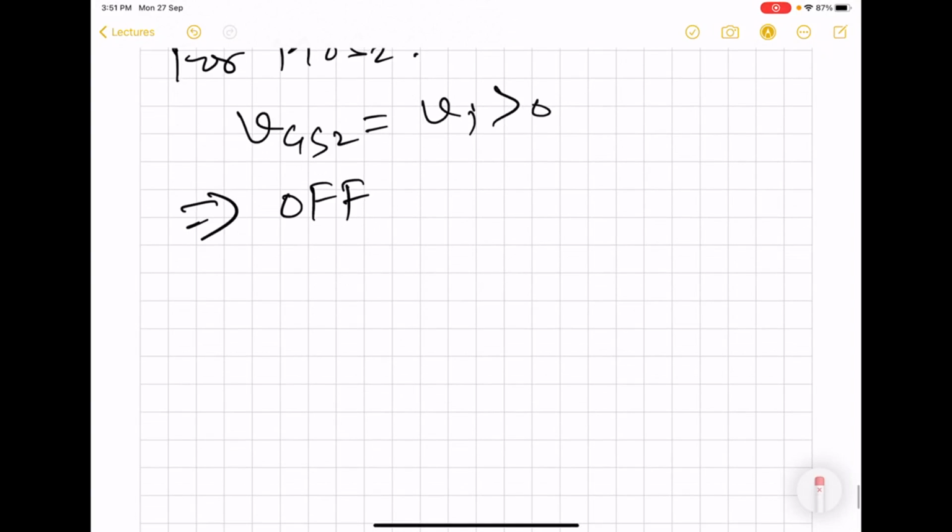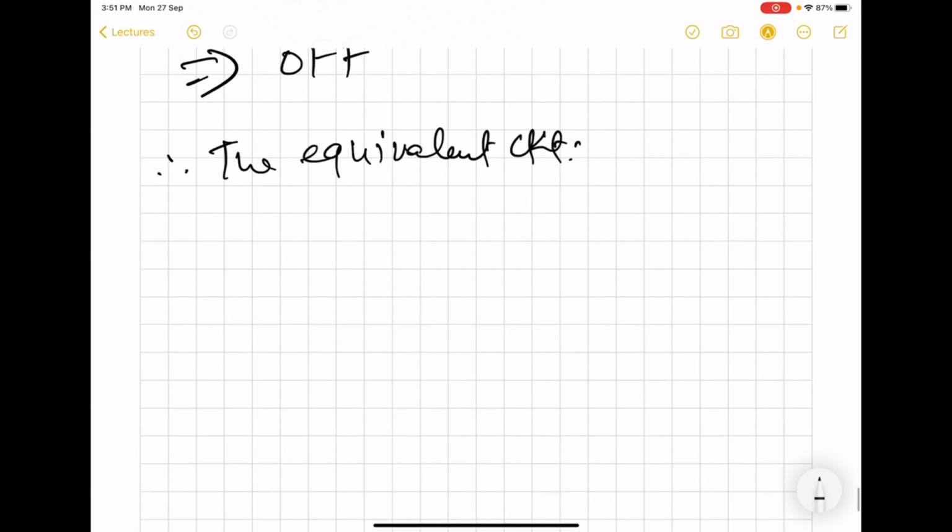So therefore the equivalent circuit is like this. So the second MOS is going to be off.